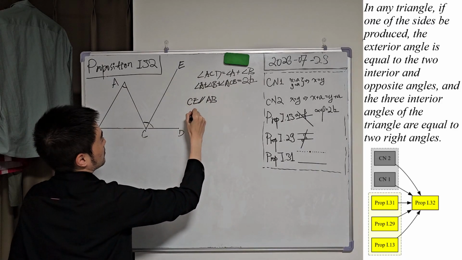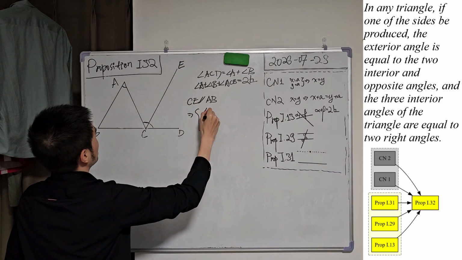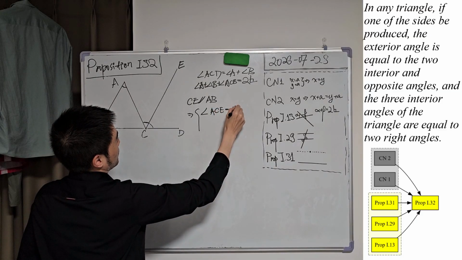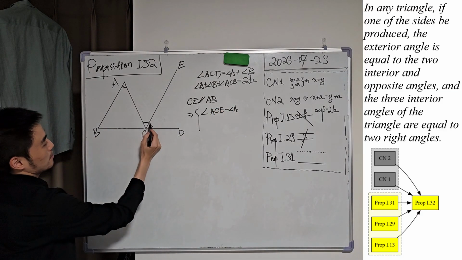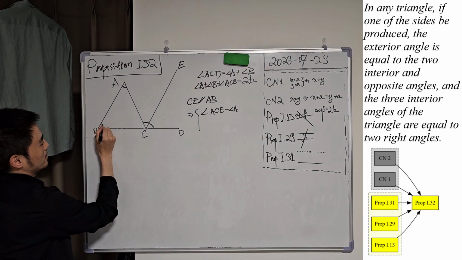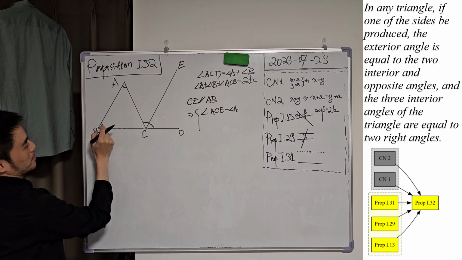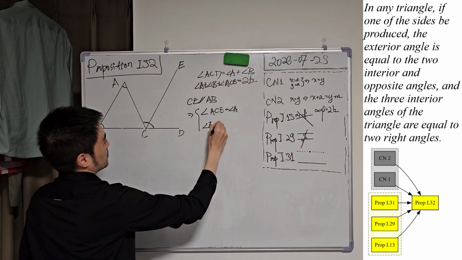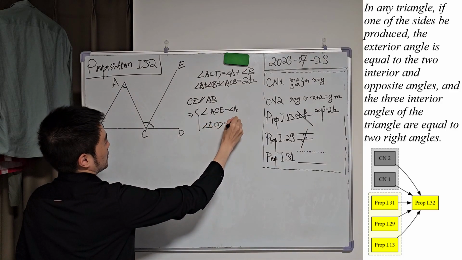So we have angle ACE is equal to angle A, right? And besides, this is an exterior angle and this is one of the opposite interior angles. So we have angle ECD is equal to angle B, right?